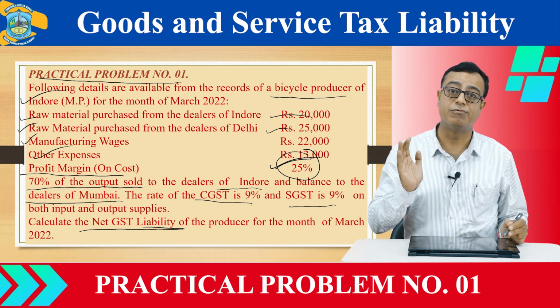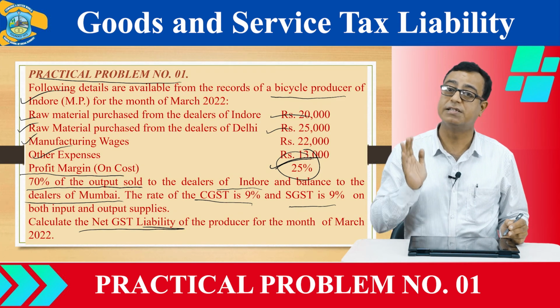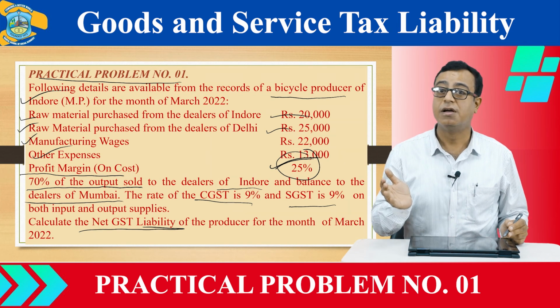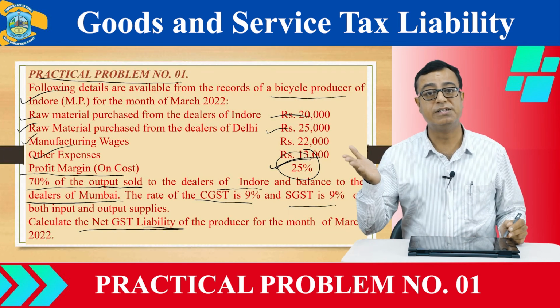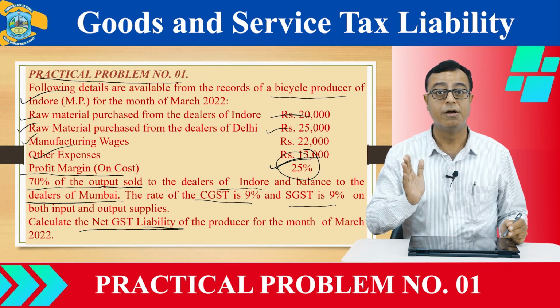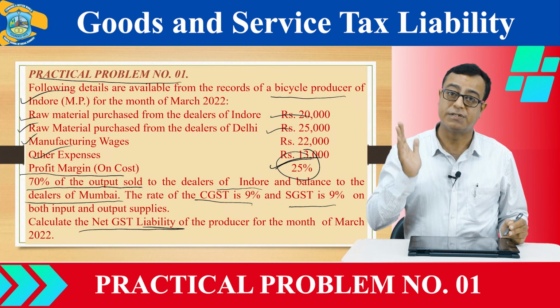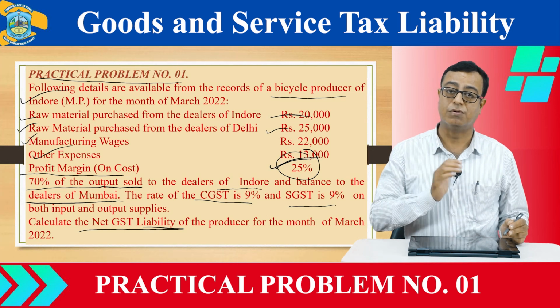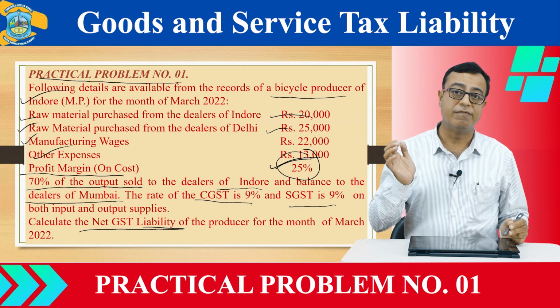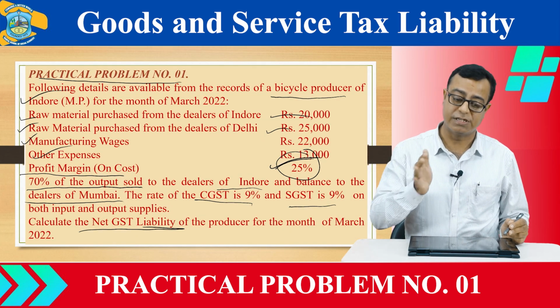First of all, we have to get the amount of sales itself. After that, we can calculate IGST, CGST and SGST. But our first requirement is to get the correct value of sales in terms of intra and inter also. Here we have the chart, the table for the calculation of the same.